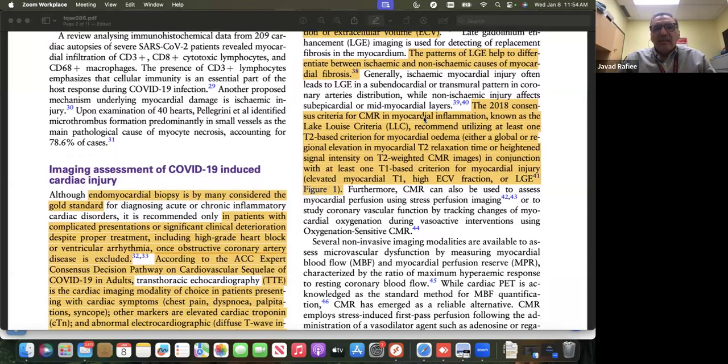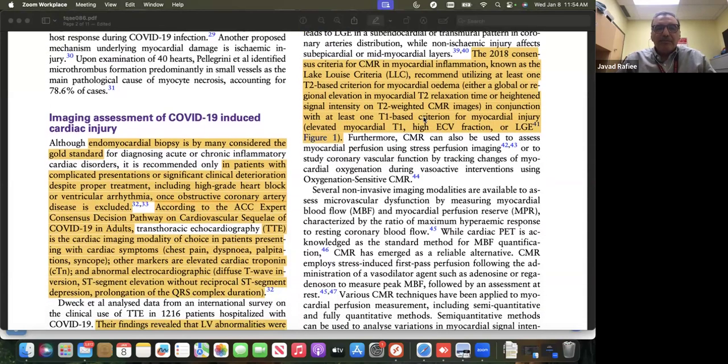The next step that we discussed was the imaging assessment of COVID-19. Endomyocardial biopsy is, of course, the gold standard, but it's very invasive, and during acute infection, it's very dangerous. It's recommended only in patients with very severe and complicated cases or patients who didn't respond to standard treatment, like high-grade heart block and ventricular arrhythmia.